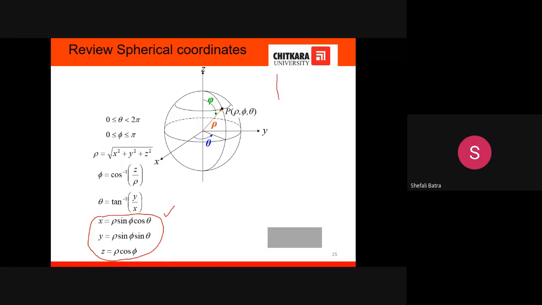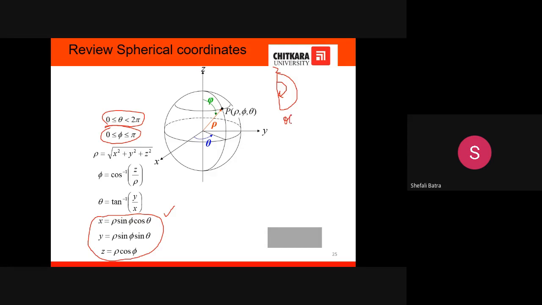And when I rotate along 2 pi in the xy plane, the angle of rotation theta would be 0 to 2 pi for the complete sphere, right?